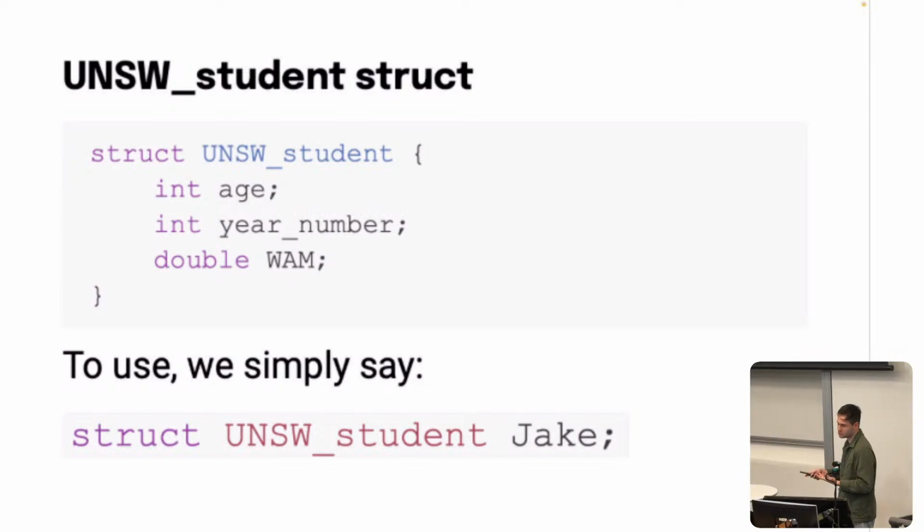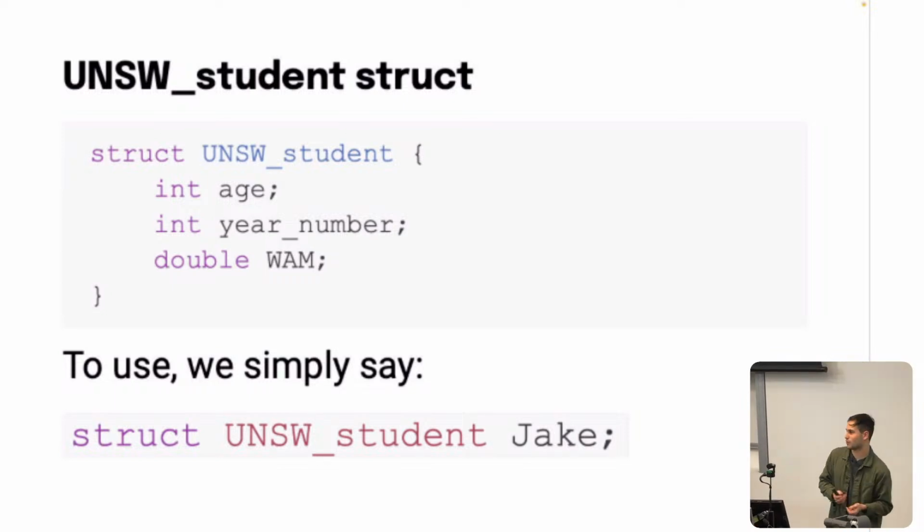So a UNSW student has an age, which is an integer. A UNSW student has the year that they're in. And in this version, I put a WAM, because of course we keep that about you. Clearly the most important thing we know about you.